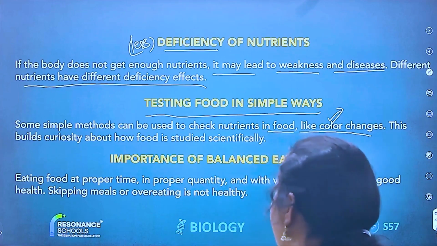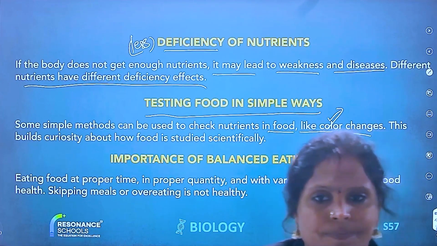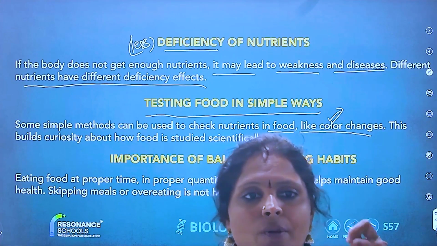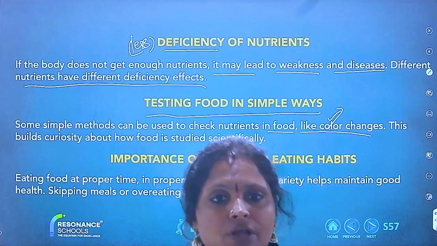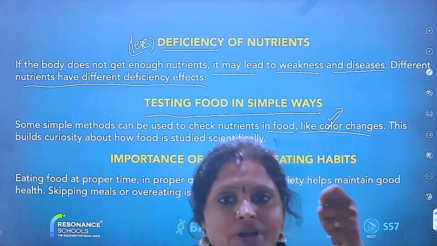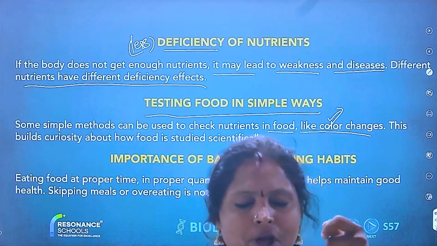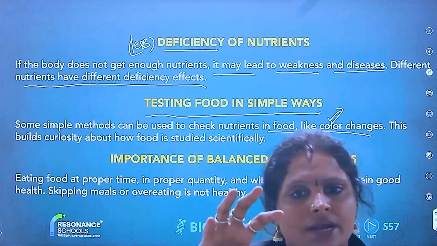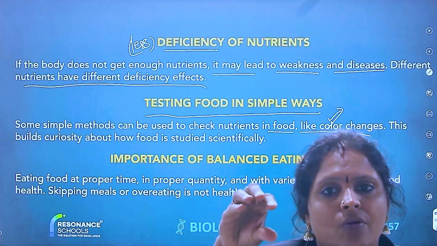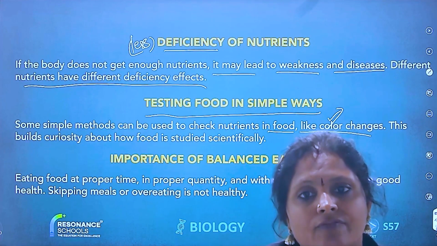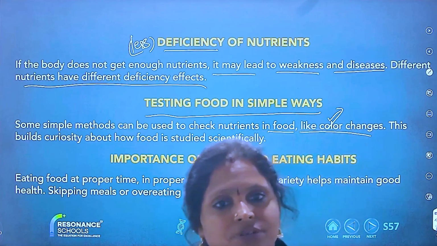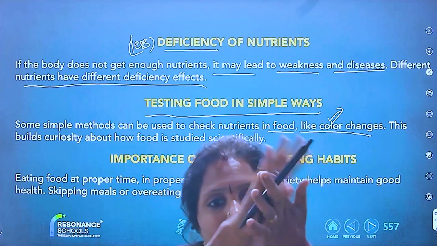And one more thing, how do you test fat? You know about translucent paper. You take one paper, normal newspaper, and take any potato chips, Bingo, or any kind of fried food, French fries, and rub it against the paper.